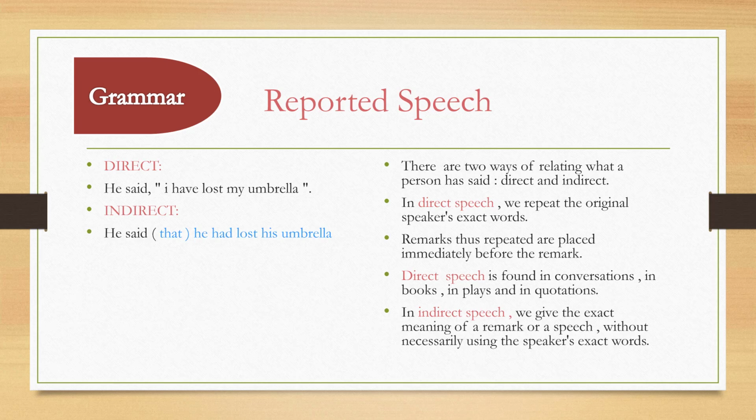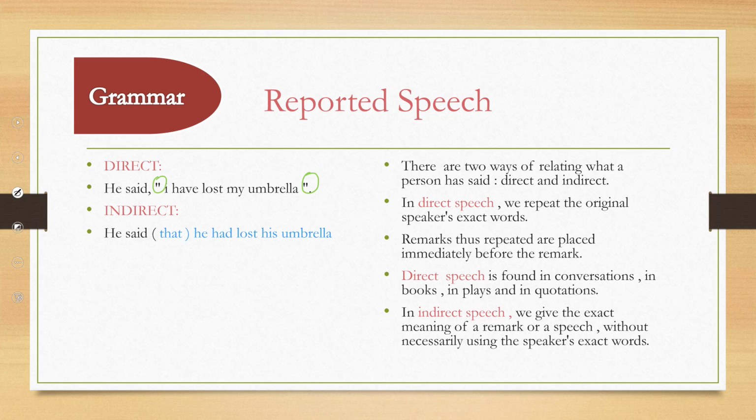Look at the sentences. He said, I have lost my umbrella. Here it's direct. We use inverted commas here, and we report the exact words or the accurate words of the speakers.